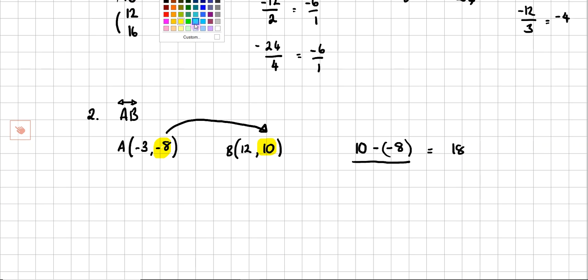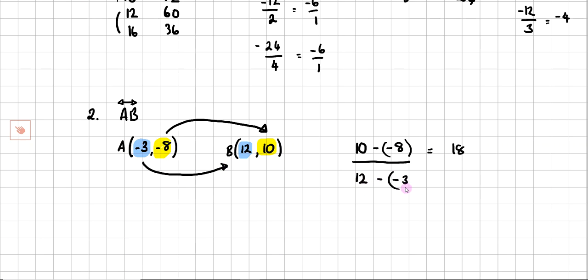So the change in x is given by this number and this number, but again, I can't go a different way around, I have to go the same way. So that's 12 subtract negative 3, which is 15. So 18 divided by 15 simplifies to 6 over 5.